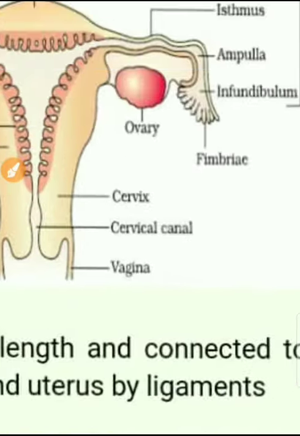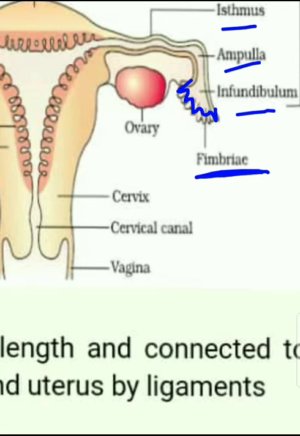See it again: these are the three parts, isthmus, ampulla and infundibulum. After the fimbriae collect it, the ovum enters the infundibulum, then the ampulla and then the isthmus.